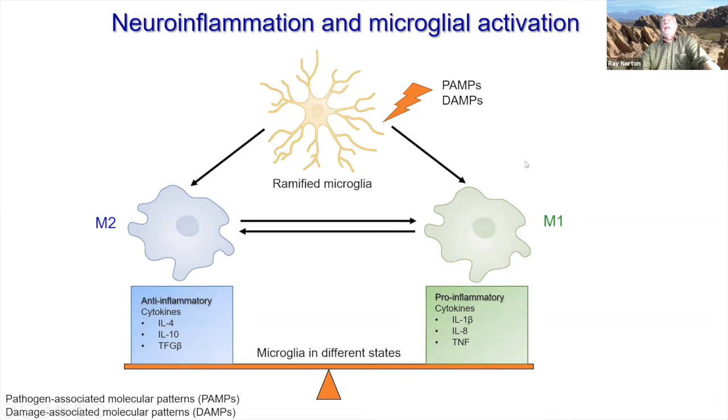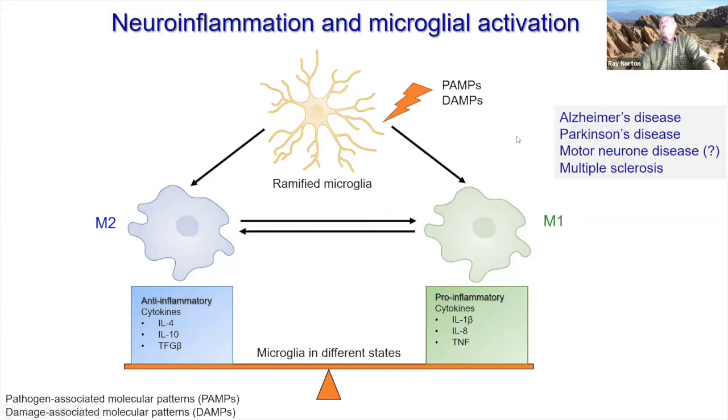And there are times, like during infections, for example, where you want to favor the pro-inflammatory microglia that produce these kinds of cytokines. But there are also times when the M1 microglia are actually upregulated under conditions where you don't really want them to be.